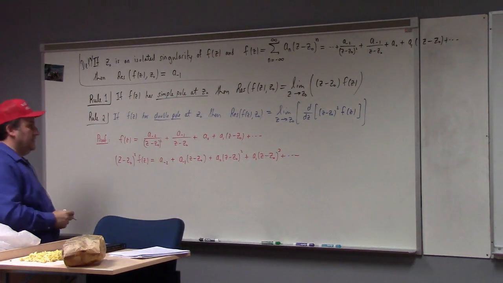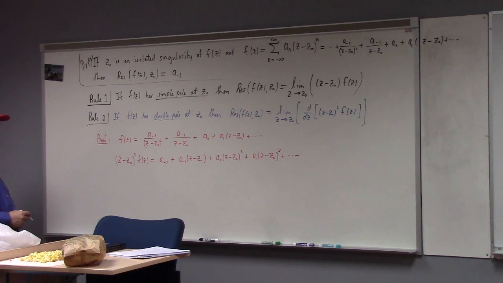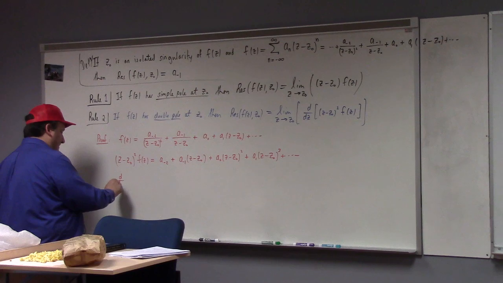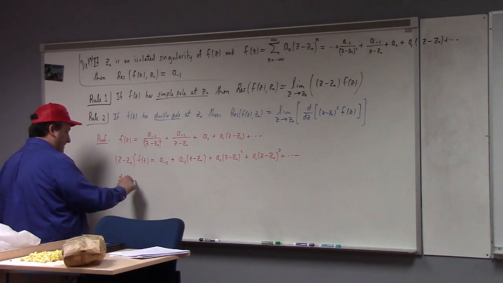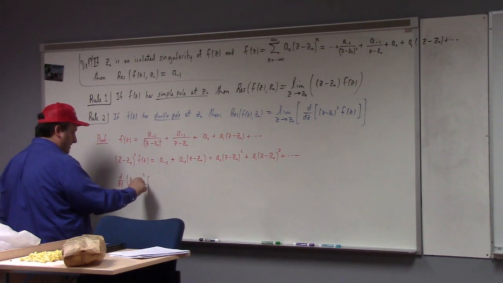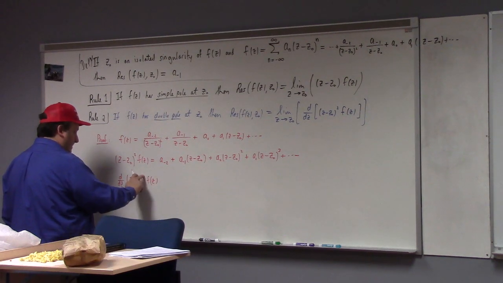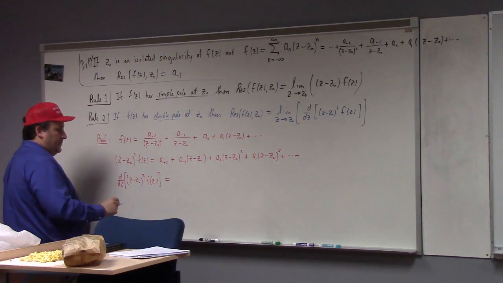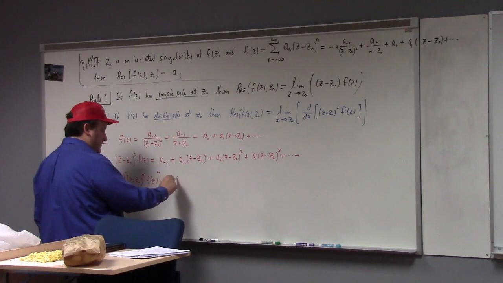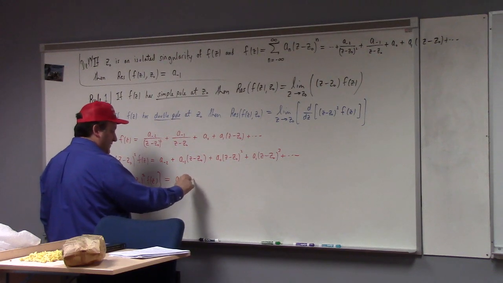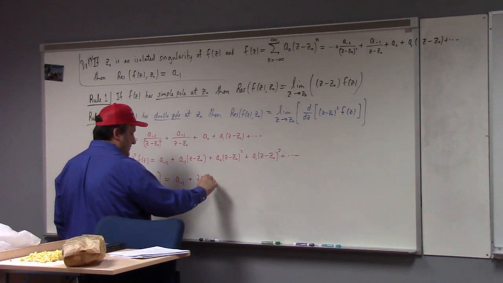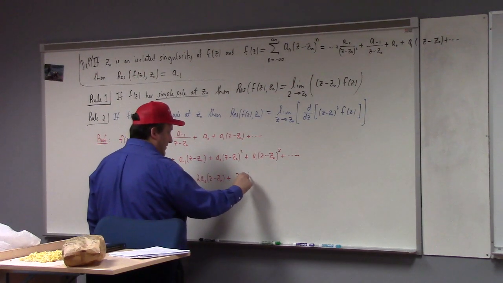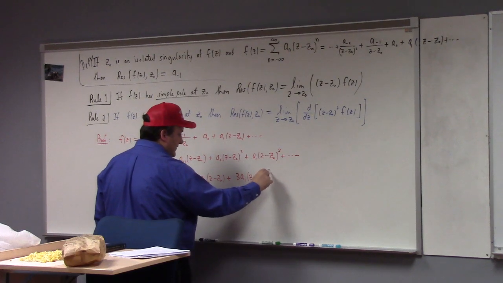right? And then what happens when we differentiate that? We get a sub minus 1, right? Plus 2 a sub naught z minus z naught plus 3 a sub 1 times z minus z naught squared, and so forth.